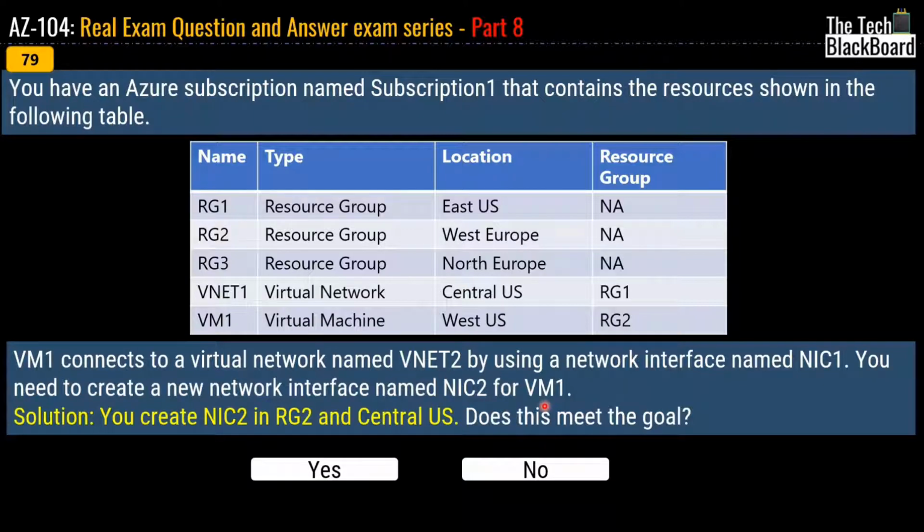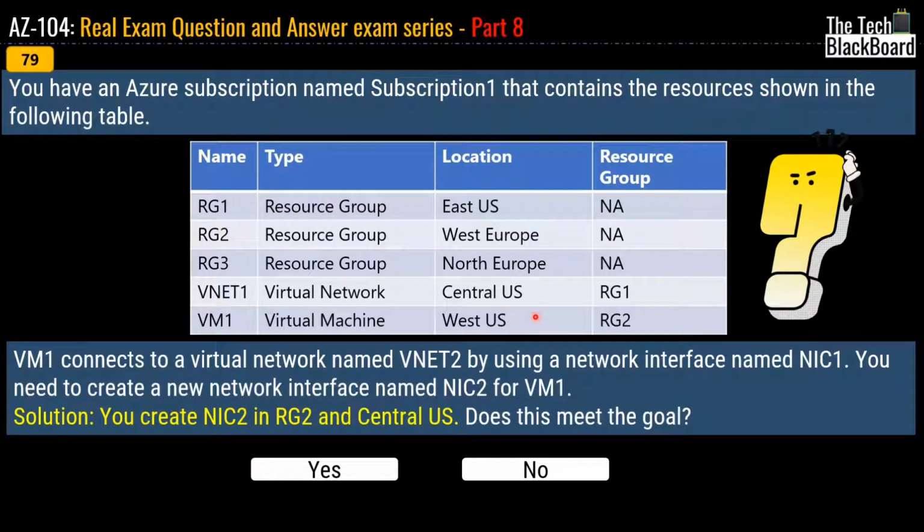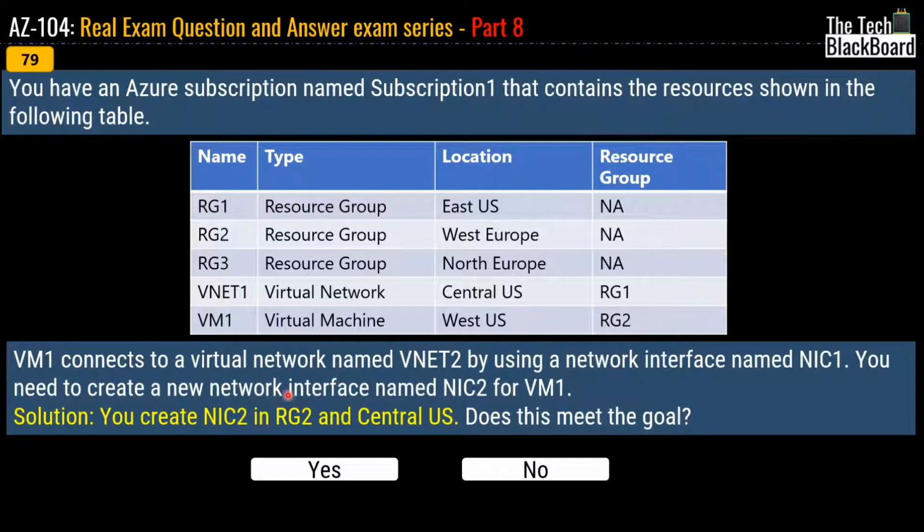Virtual machine 1 is located in West US. Now it's very important that you understand that West Europe and West US are two different regions. So what is the correct answer? Which resource group should you install NIC2 in so that this business requirement is fulfilled? We will check that in the very next question, question number 80. But for now, the answer for question number 79 is no.